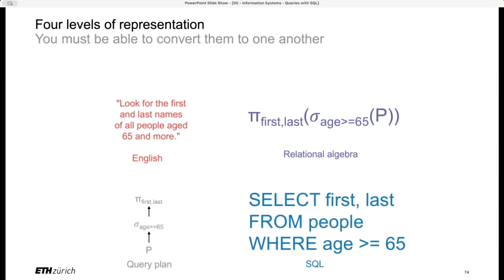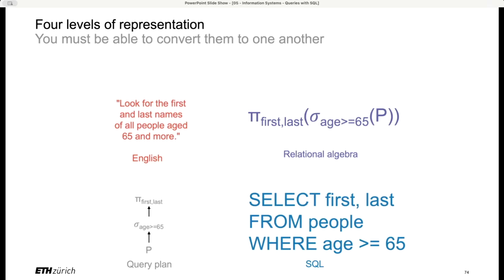Generally, there is a correspondence that you need to understand between four different worlds. There is, of course, the world of English, our everyday language. You might have an English sentence like, I want to look for the first and last names of all people aged 65 and more, in any language you want.